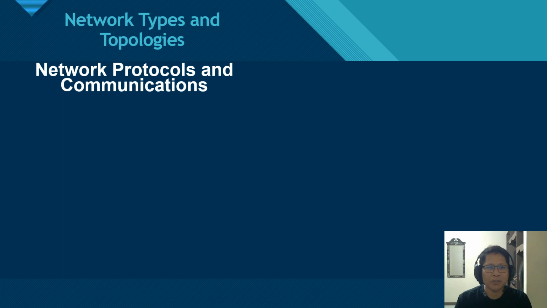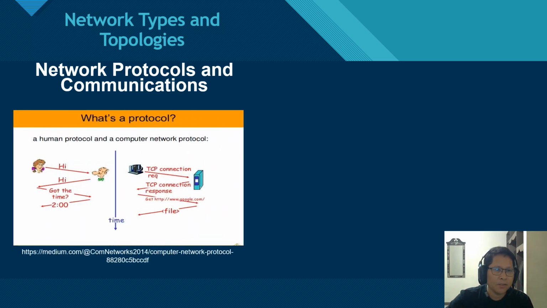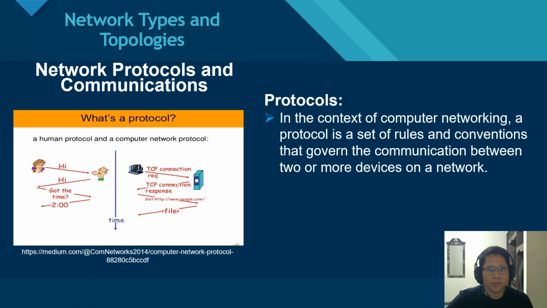Okay, so after those demonstrations, let's continue with our next discussion about network protocols and communications. So what is a protocol? In the context of computer networking, a protocol is a set of rules and conventions that govern the communication between two or more devices on a network.